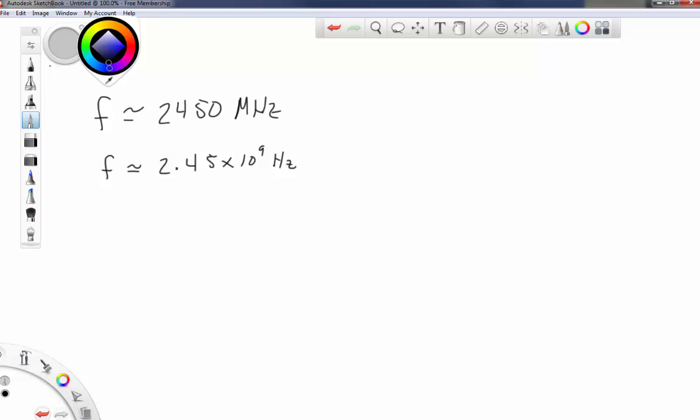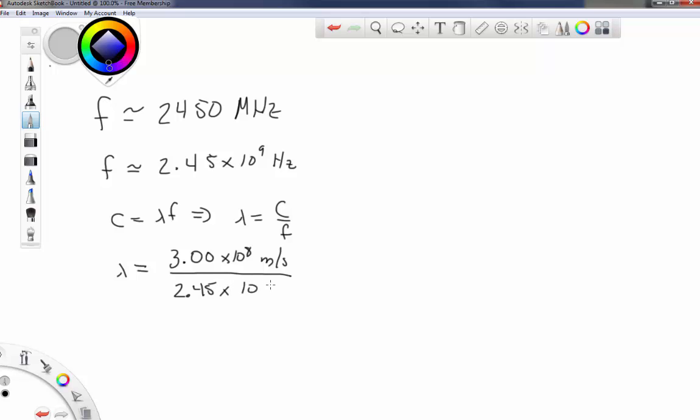And so if we were to repeat that calculation that we just did, which says that c is equal to lambda f, and therefore lambda is c over f, we end up getting that lambda is 3.00 times 10 to the 8 meters per second divided by 2.45 times 10 to the 9th per second.